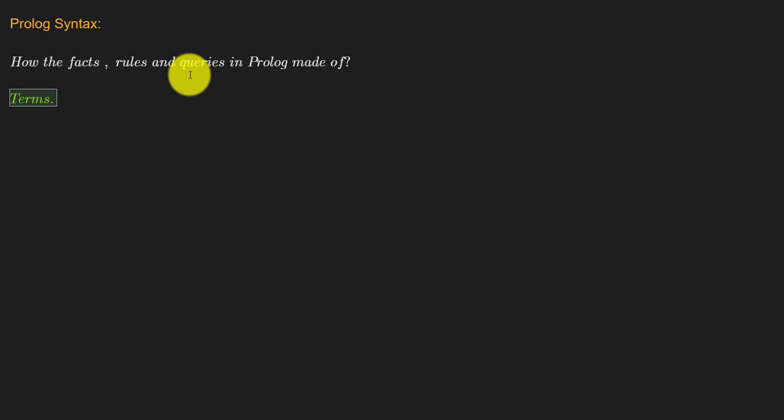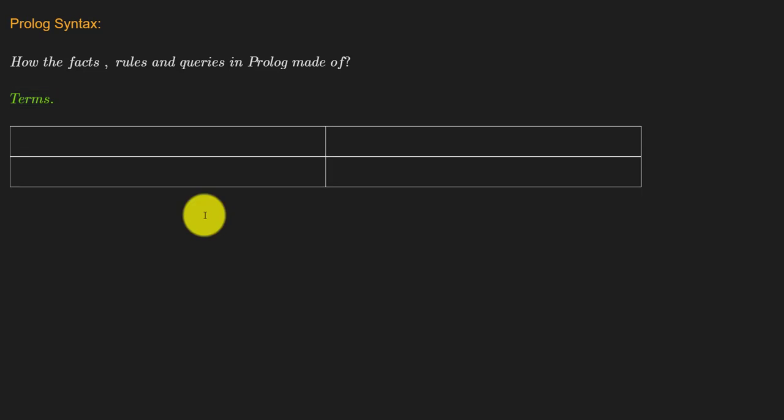Now terms, if I just see in Prolog, there are two different kinds of terms available in Prolog. One is called simple term, another is complex term. So let me write it down. Now we have two different terms over here.